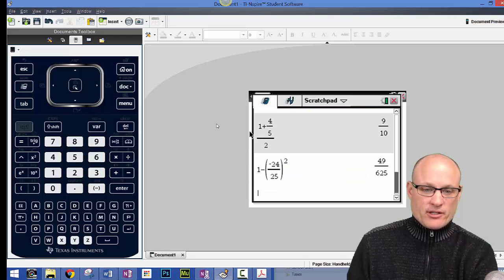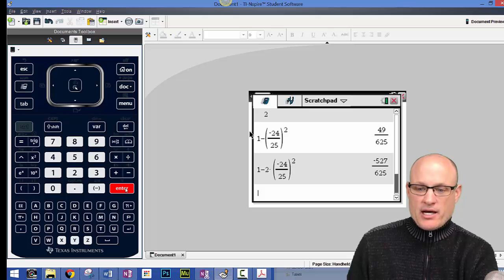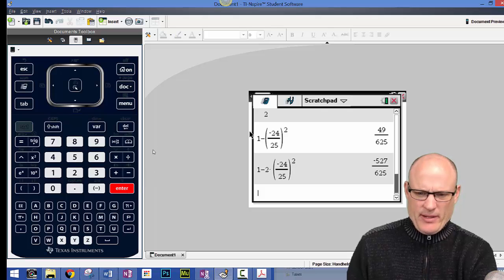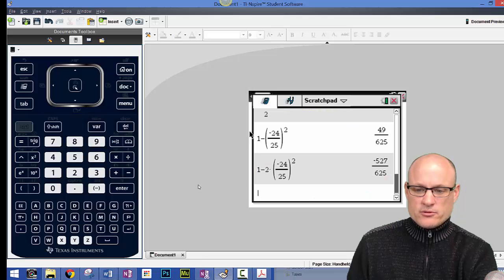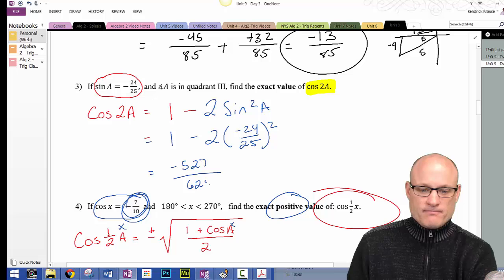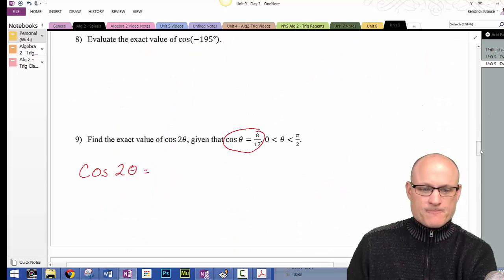So I go to my calculator, hit the up arrow, hit enter, scroll over, and put a 2 there. I knew it was going to be an obnoxious number. Negative 527 over 625. All right.